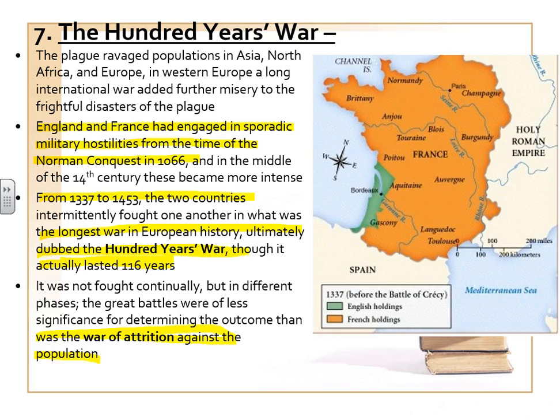Can't forget the importance of Joan of Arc in all of this, which she helps create a turning point. And then, of course, the effects. Some of the effects we're not going to really see until later chapters in this European history course.